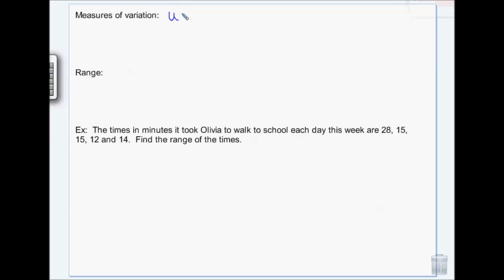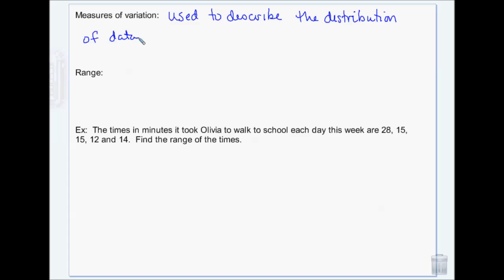Measures of variation are used to describe the distribution of the data. Okay, so measures of central tendency kind of bring us towards the middle, and measures of variation kind of tell us how far out it spreads.